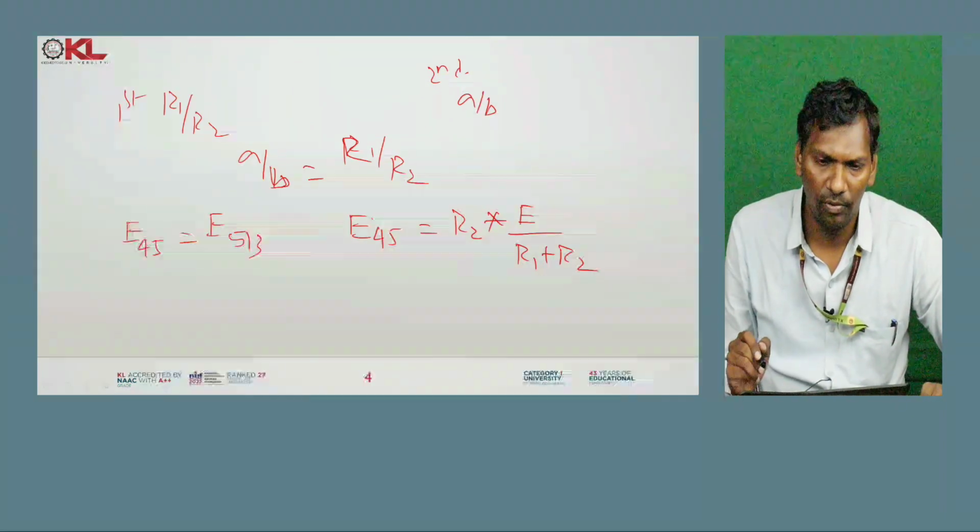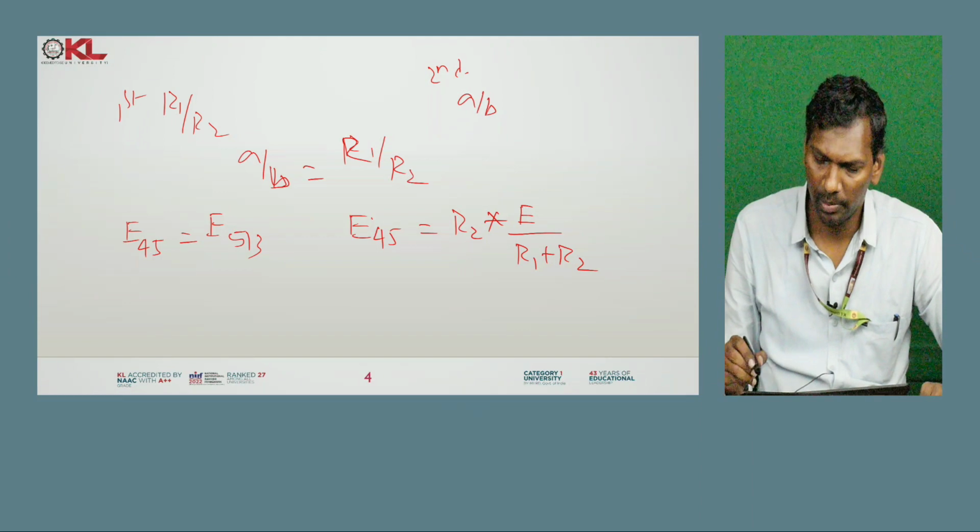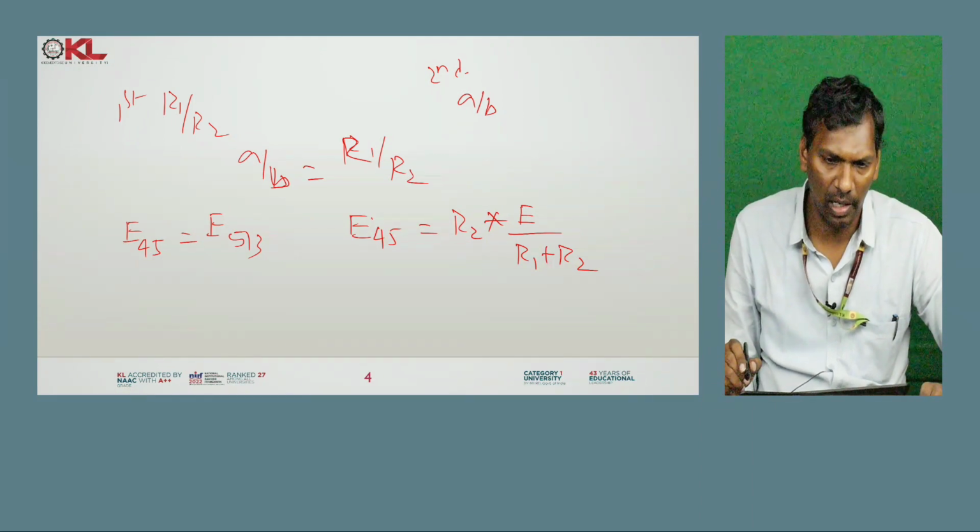Now the E45 voltage across the 4, 5 terminals is R2 into E divided by R1 plus R2.